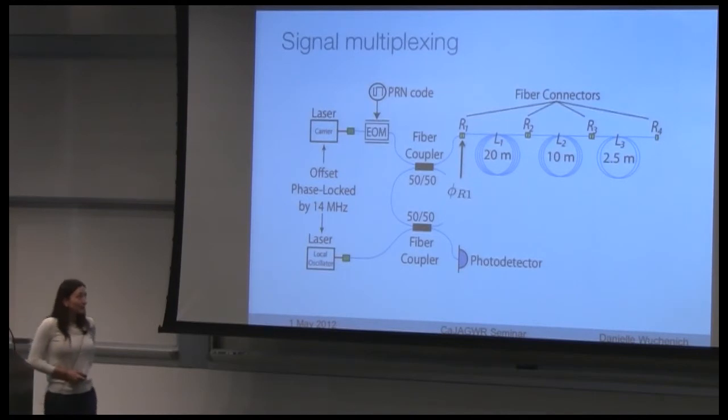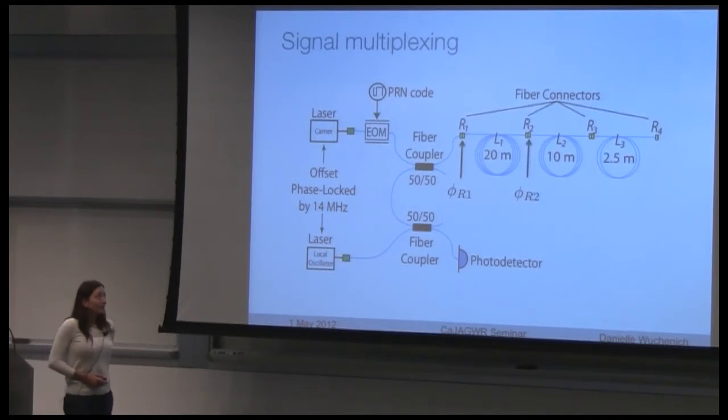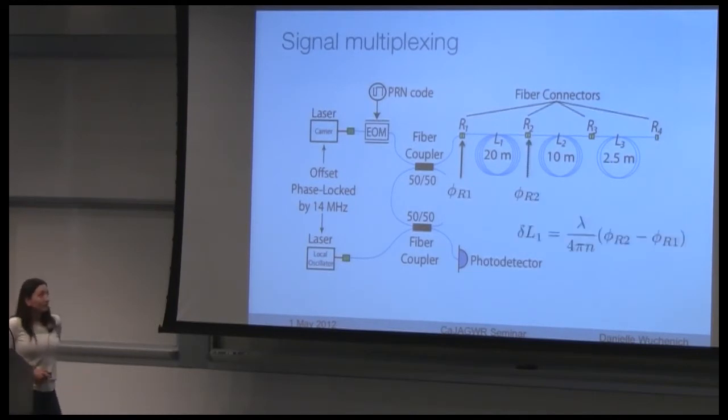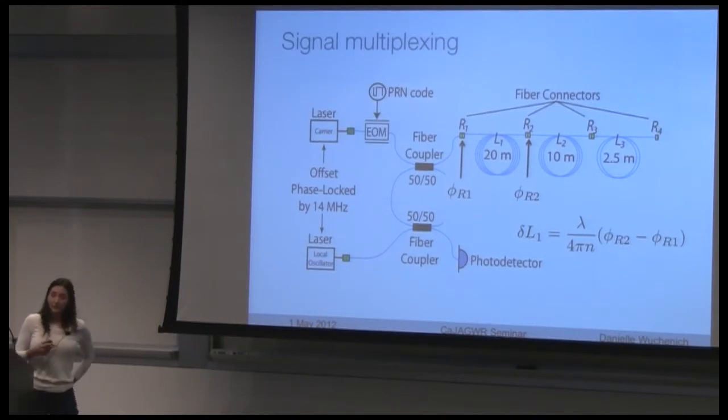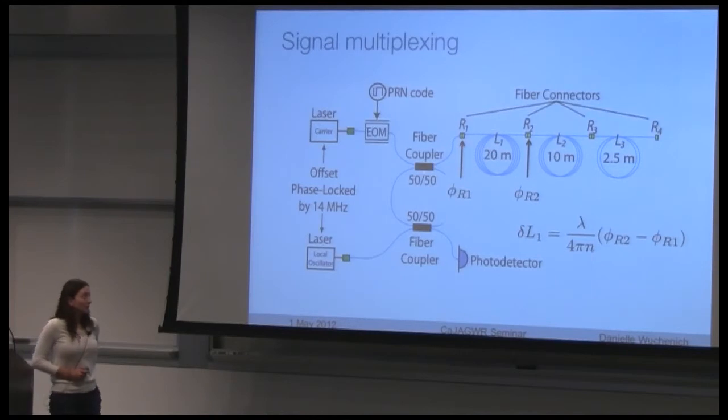So if we wanted to monitor length fluctuations in length 1, for example, we could take the phase that we measure using this fancy phase meter, for example, the phase of the reflection from R1 and the phase of the reflection from R2 using different delays. So you still only have one photodetector, but if you apply different demodulations, you can get something that you can combine together in a measurement to give you, for example, the total path length fluctuations between these 2 points.